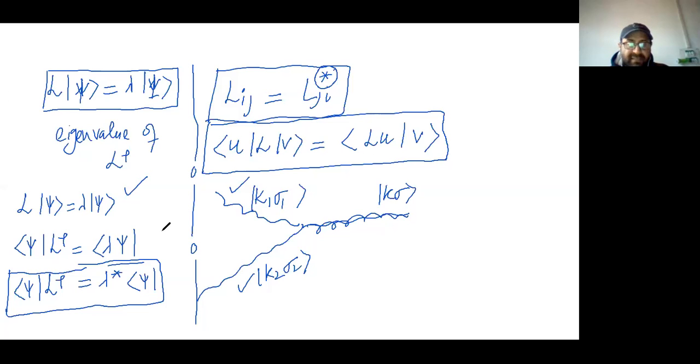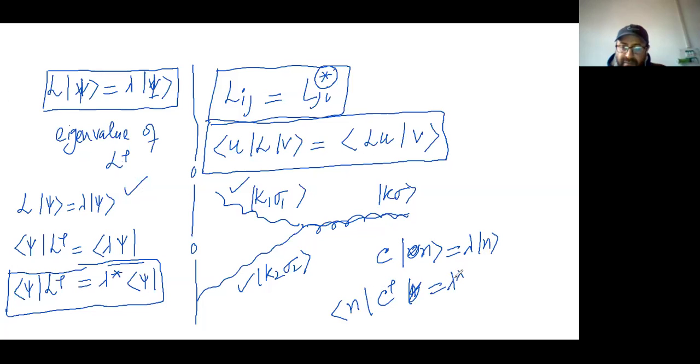Now let's say this L operator was a charge conjugation operator C. If I act on a charge state, let's call that N, it will give me some eigenvalue which is the charge of that state, N, and then the state N. And C dagger acts on the bra state and gives me the conjugate, and then the bra state.